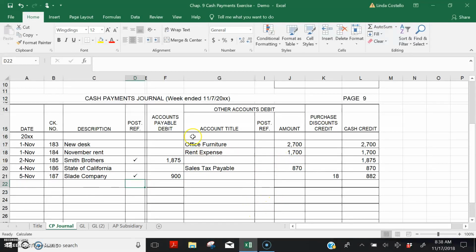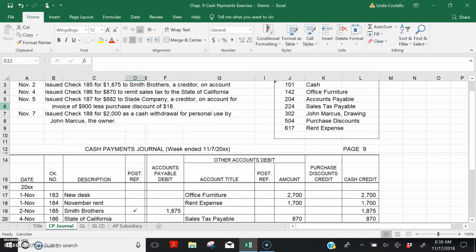And finally, on November 7th, we issued check number 188 for $2,000 as a cash withdrawal for personal use by John Marcus, the owner. To record this transaction, we'll need to debit John Marcus drawing and credit cash.